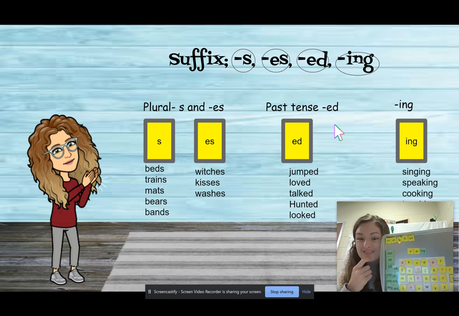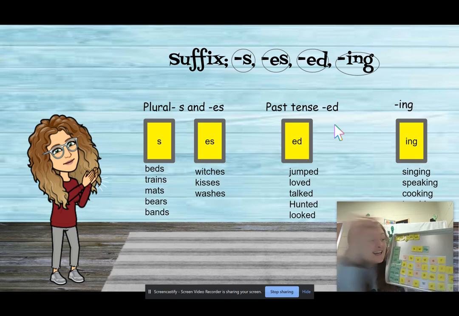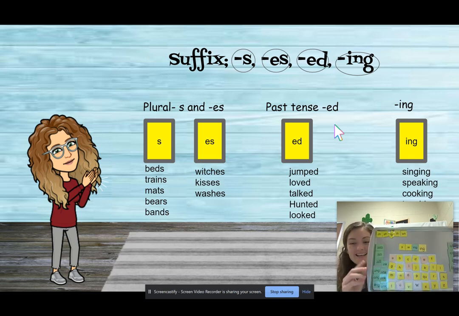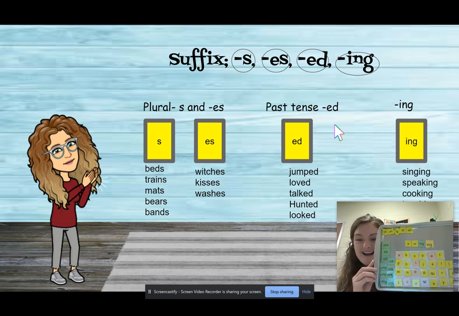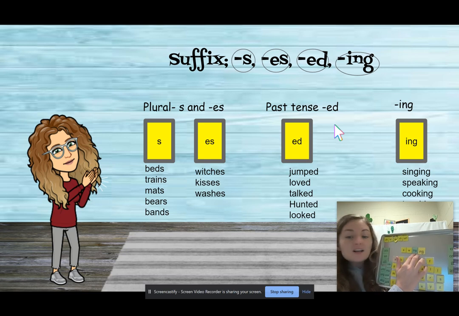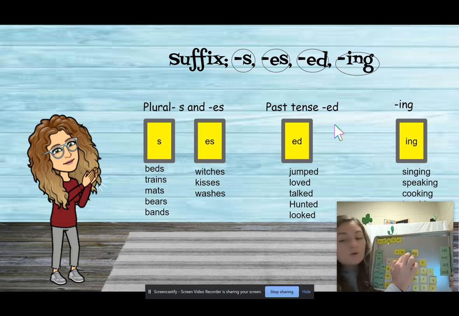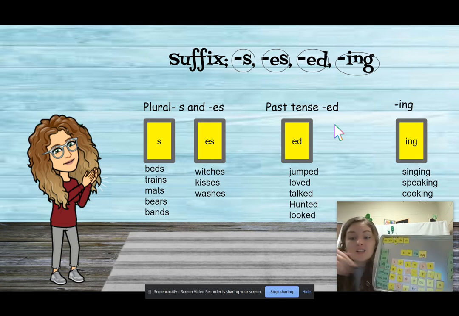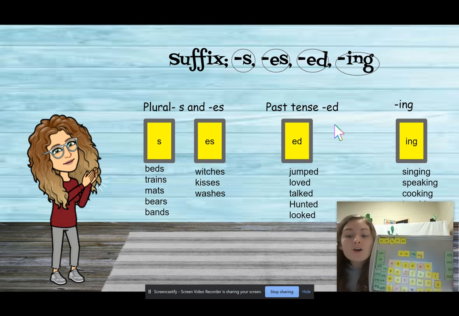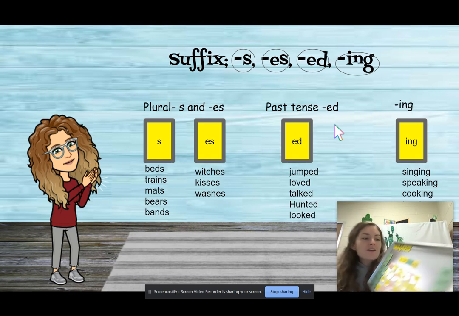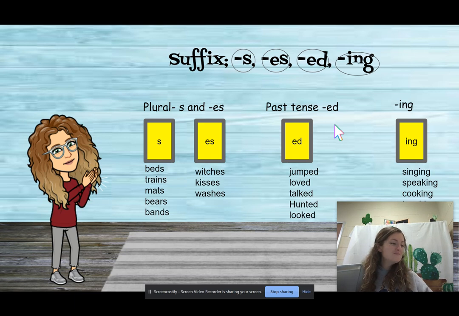What does it become? Swinging. I am swinging outside. So it has that glued sound ing, but remember, if we add ing to the end of a base word, swing was my base word, and I added suffix ing to let me know that I am swinging right now. Great job.